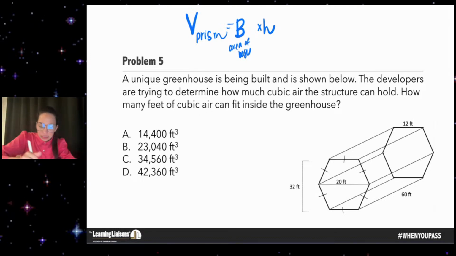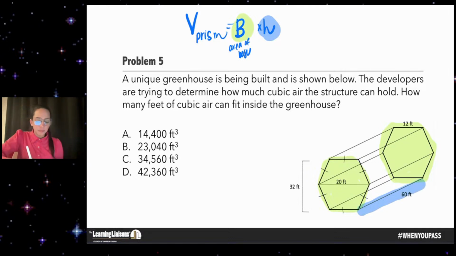In this case, this is your base, and here is the identical base. And technically, this is your height.